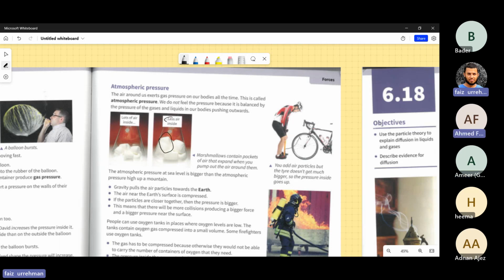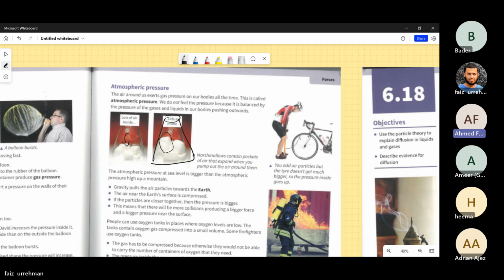But when you open the lid of the container and it comes to normal room pressure, it will again become its normal size. Can I explain? The air inside pushes outwards and the air outside pushes inwards. In the first scenario, when the container is open, it's balanced.